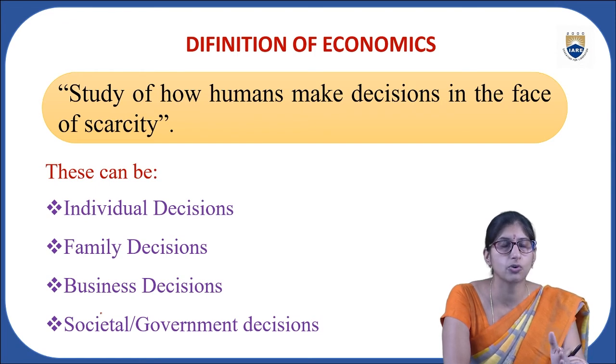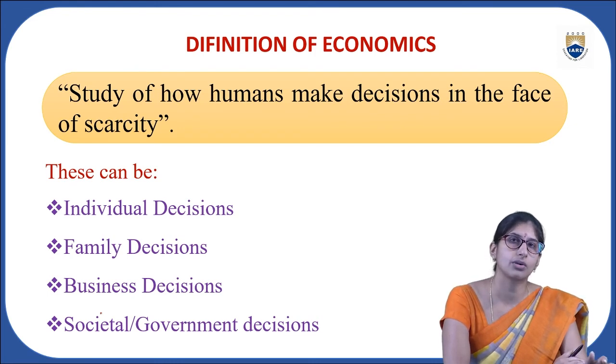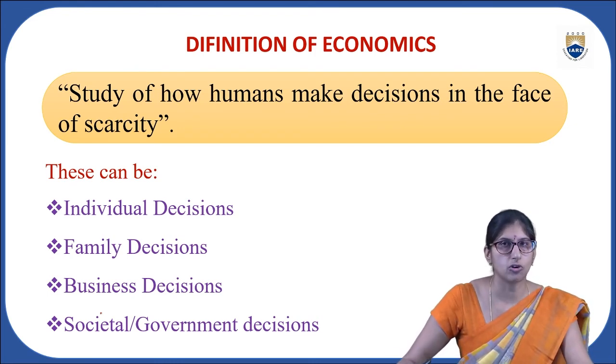Based on that, he is going to choose the right resource, and he is going to satisfy his want. So out of scarcity, how he is going to take a decision. That is what this definition of economics is all about.